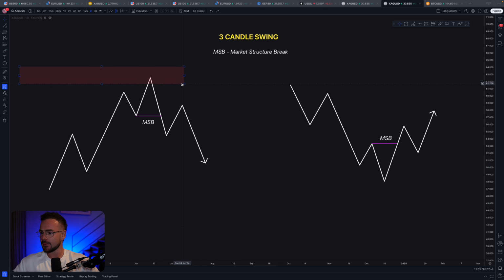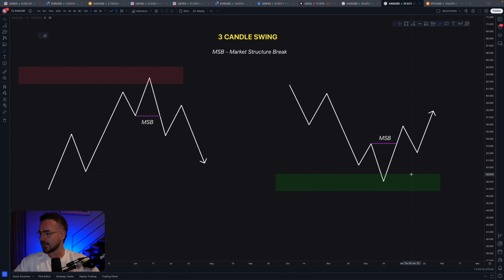Now let's have a look at an example on the bullish side. We'll just make this green, just to give you a bit of an understanding. Let's just say this is a level in price that if price comes down to here, we're interested in buying if we see what we need to see. So what we see here is a low, push up, then we see a lot of selling here, which pushes price below this level.